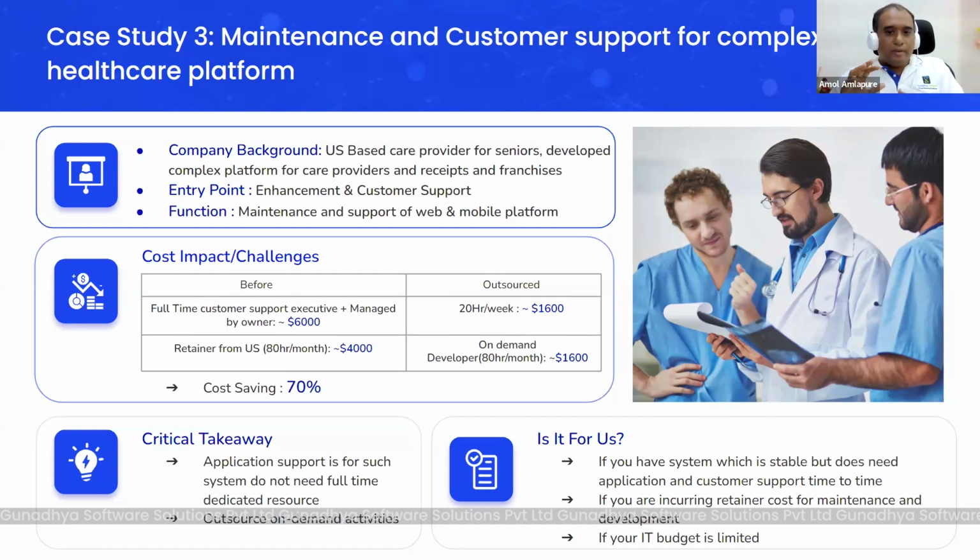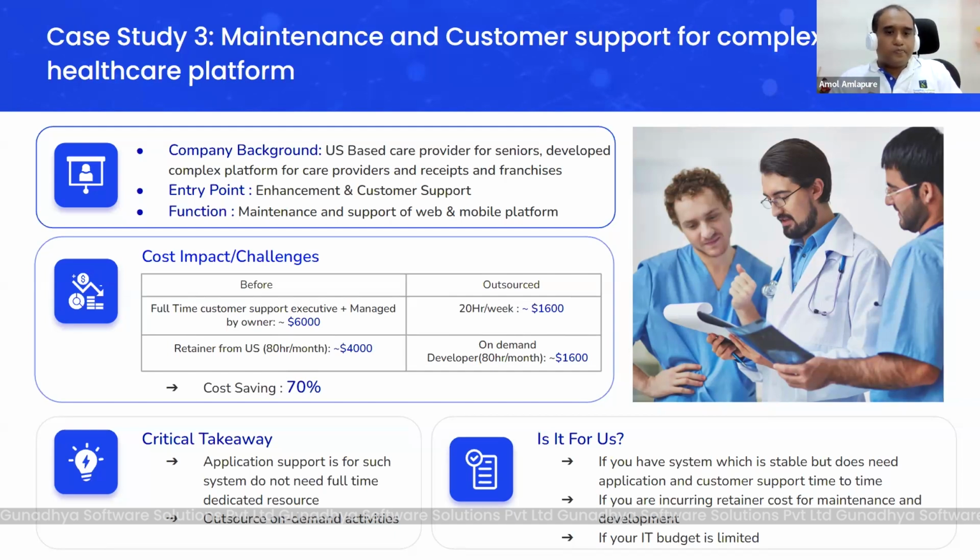So if I look at the critical takeaways in this particular case, a system like this may not need a full-time in-house employee to provide application support. You can always work out a better plan with an outsourcing firm.